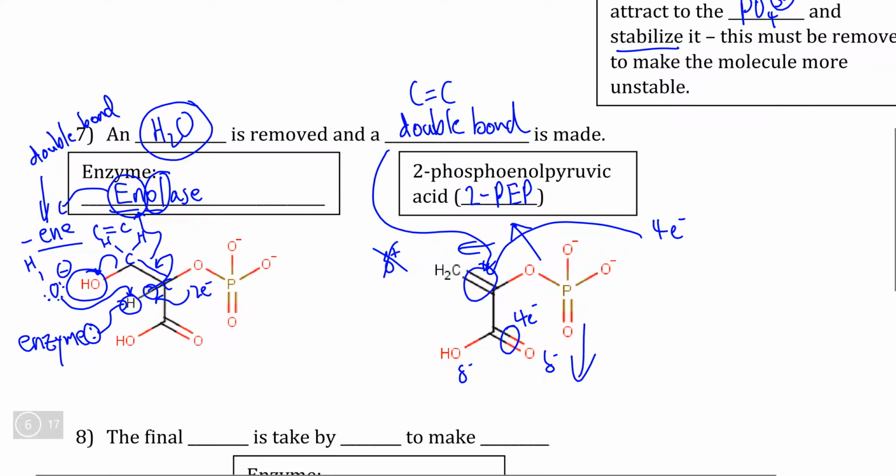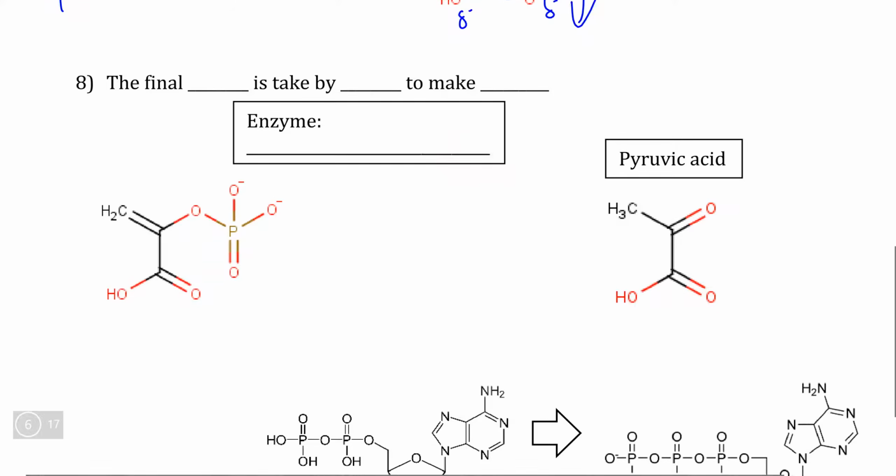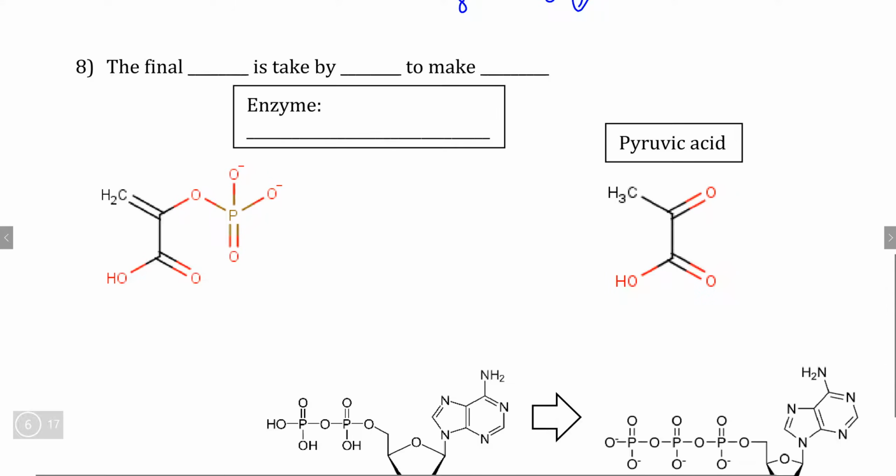All of this is going to serve to make this phosphate on carbon 2 even more unstable, and now at last we are ready to break off this phosphate.